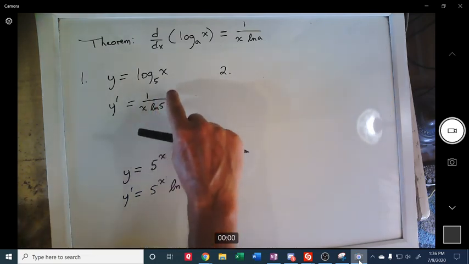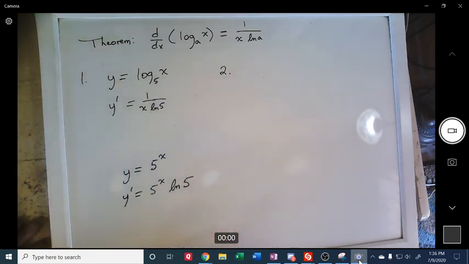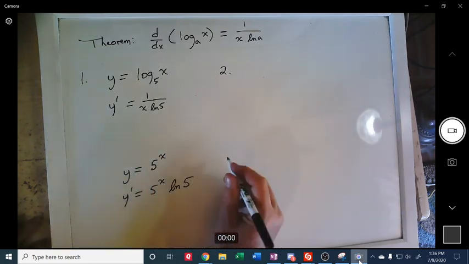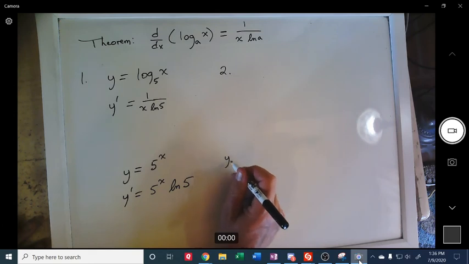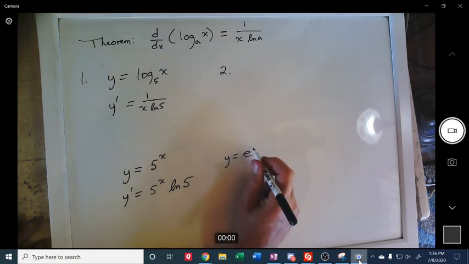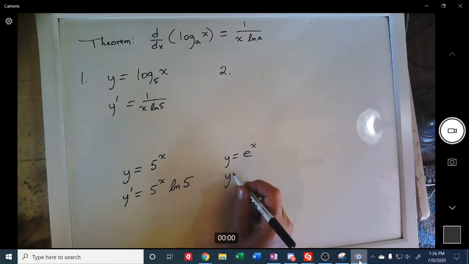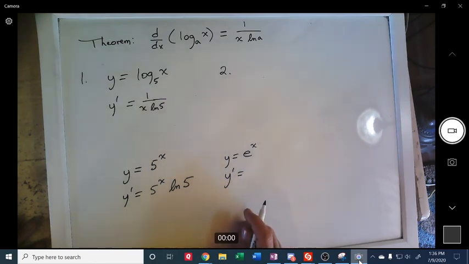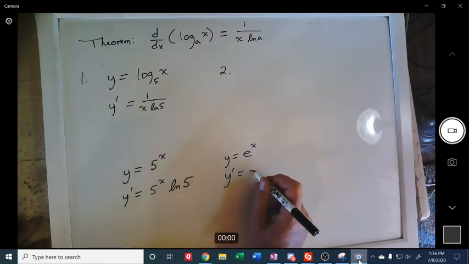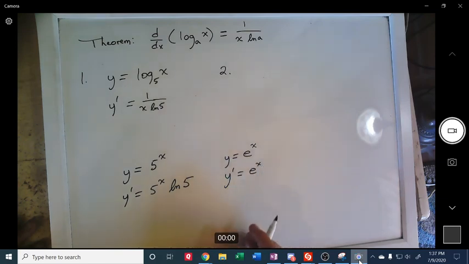When there is a denominator, the penalty factor goes in the denominator. All right, and let me also compare this one to e to the x. Suppose you took the derivative and you got e to the x, and you imposed the penalty factor even when you weren't supposed to.